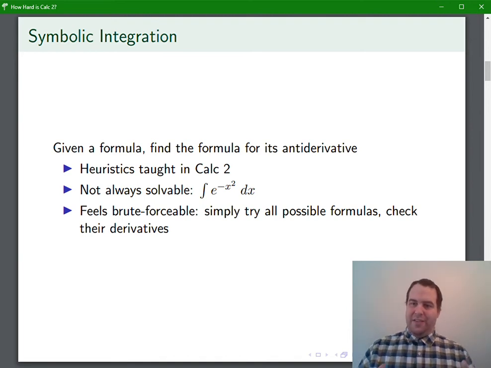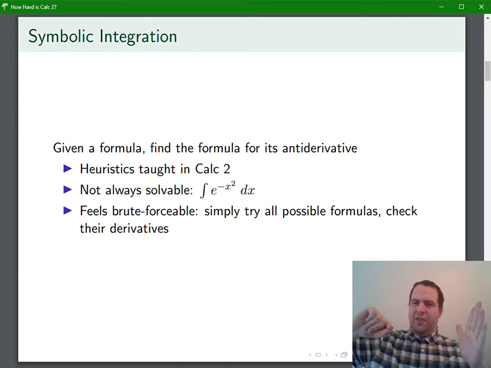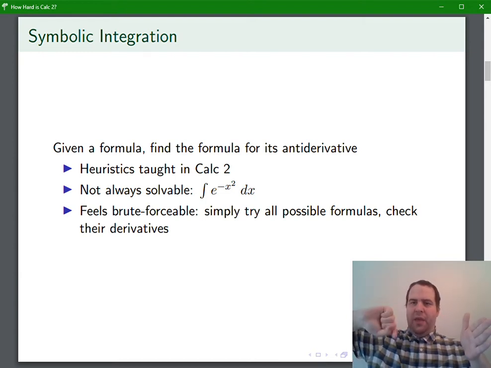We might be interested in saying, okay, is there an antiderivative for this just using pieces that we already know? And in some sense, this problem feels brute forceful, right? Our first intuition is we can kind of list out all of the possible formulas, and we can check their derivatives to see if they agree with the thing that we're trying to find the antiderivative of.